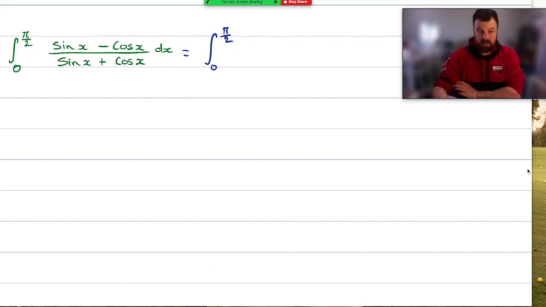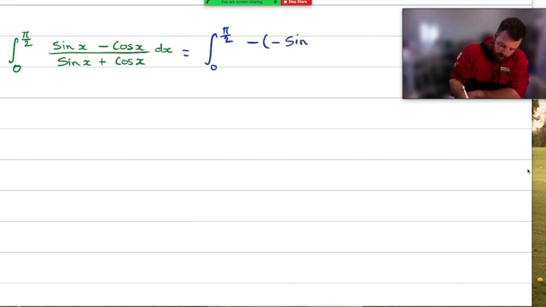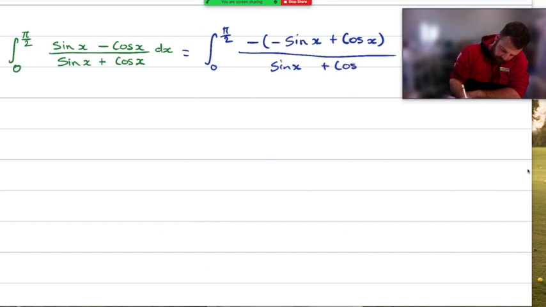So in class, the first instinct people had was to factorize the numerator, and then hopefully the numerator just cancels out the denominator and we just get 1 and it's nice and easy. However, if we factorize a negative sign out of the numerator, we get negative sine of x plus cos of x all over sine of x plus cos of x dx.